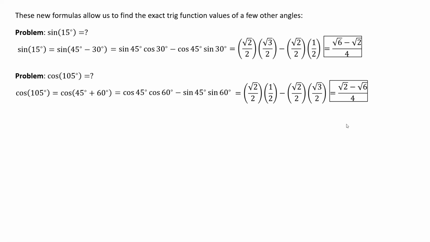Cool? This turns out to be the negative of that value. Coincidence? I think not. Right? What's a good argument for that?